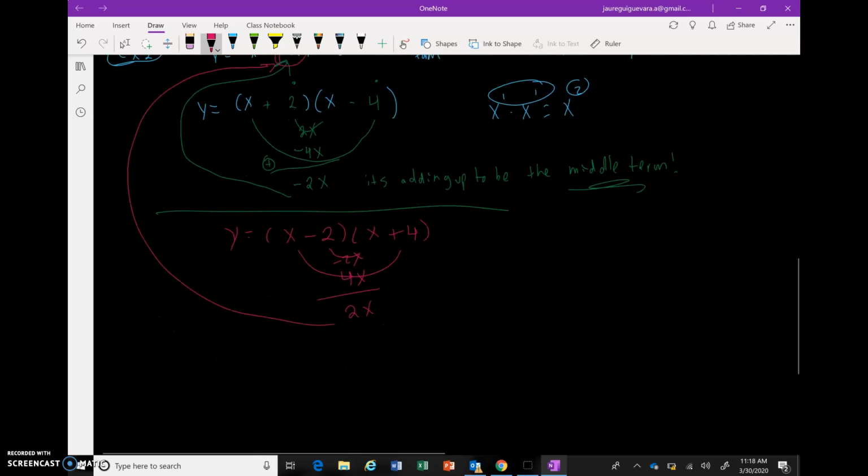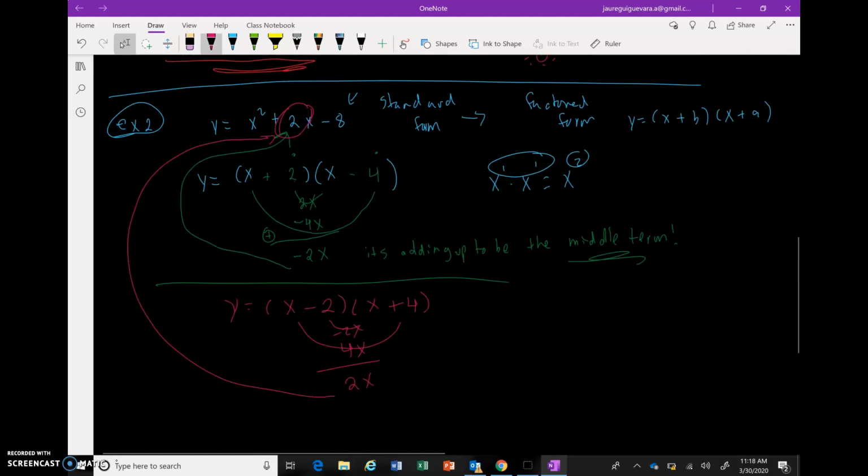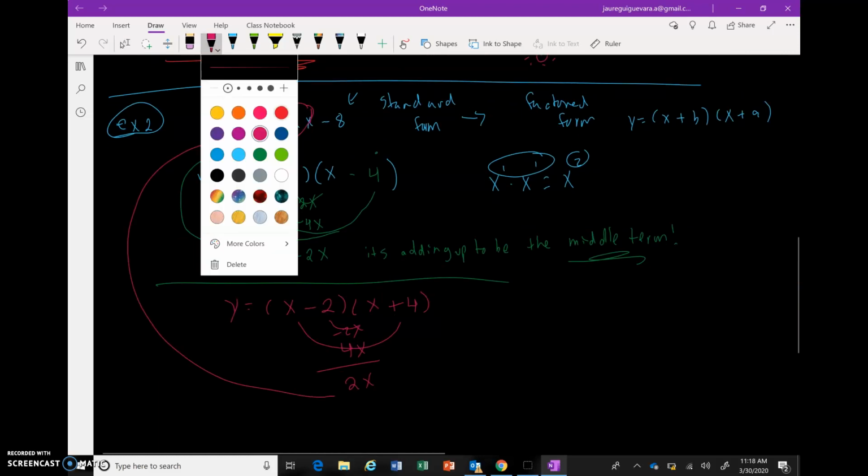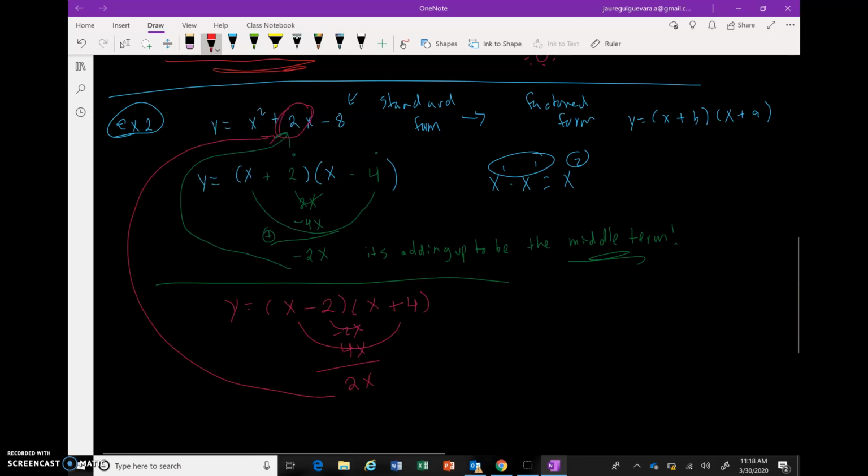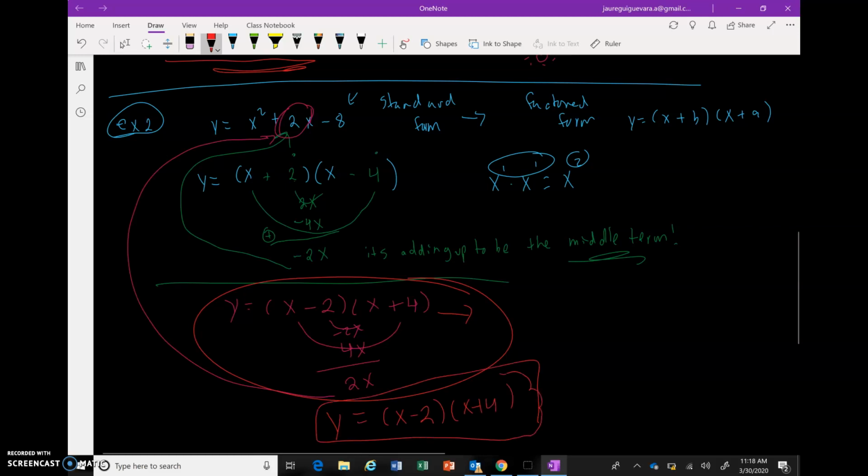Let me put it in red. y is equal to x minus 2 times x plus 4 is your answer, because when you multiply -2 times x, it gives you -2x, and 4 times x gives you positive 4x, so 4x minus 2x gives you 2x, and it gave you your middle term.